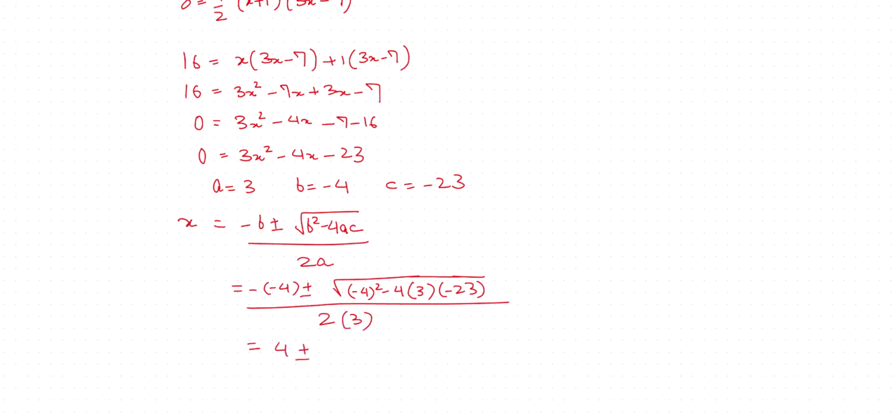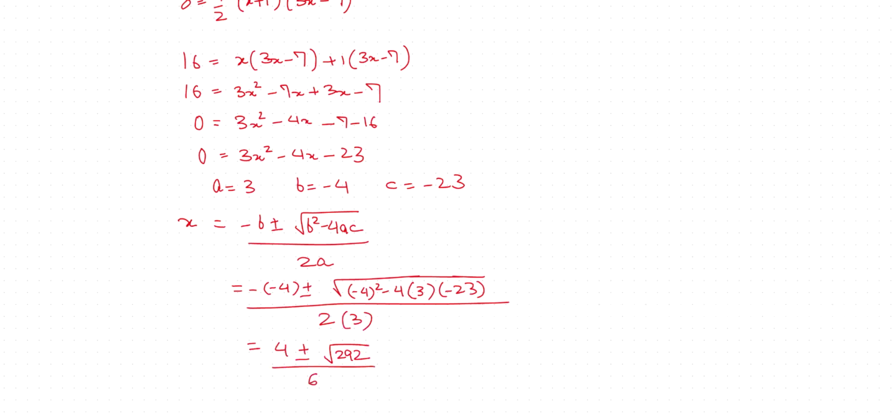If we simplify this, we get the square root of 292, over 2a, which is 6.